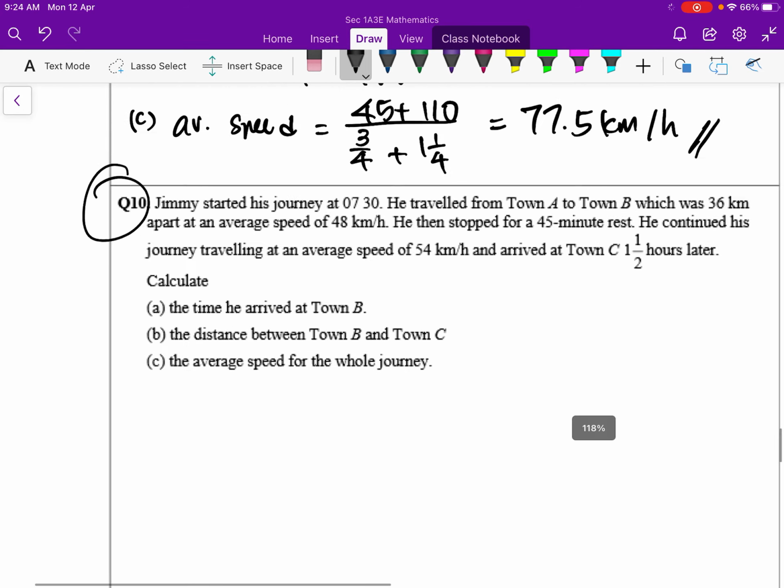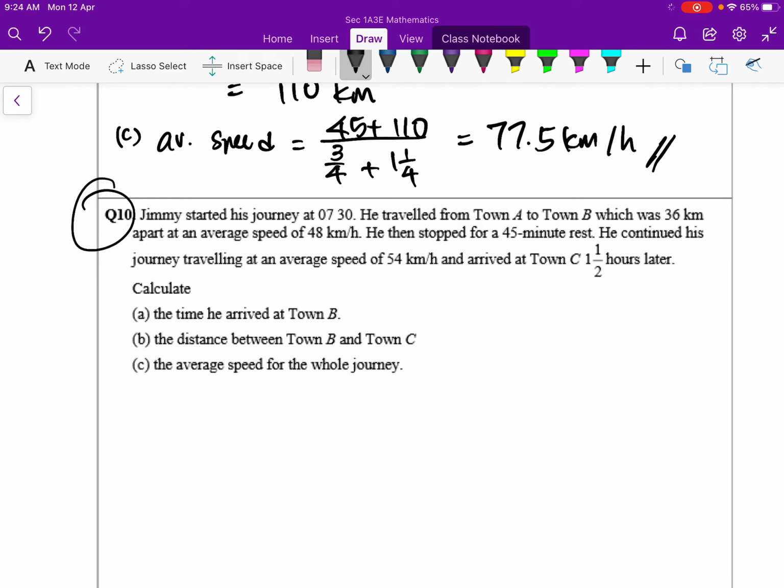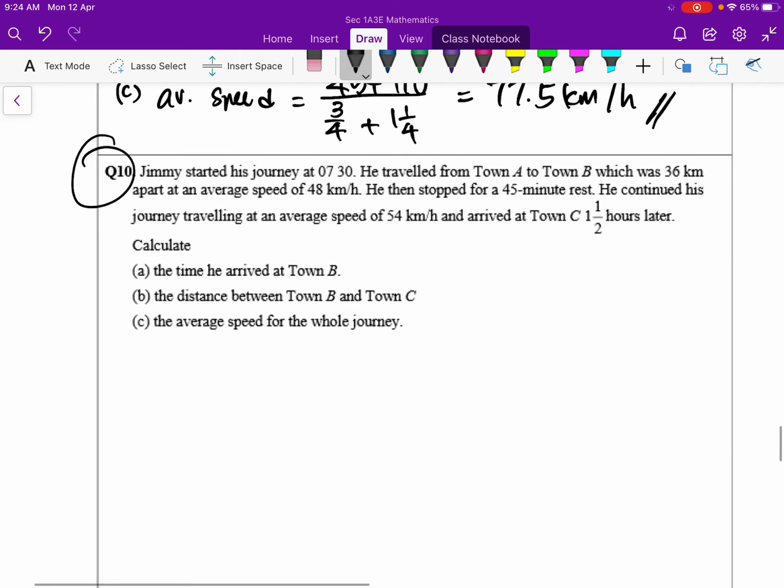Okay, this was done. Now question 10, that was also a homework question. So Jimmy started his journey very early, 7:30. A to B, 36 kilometers at some average speed. Stop for 45 minutes rest. Okay, so I want you to highlight this part. Without even reading the rest of the question, most likely they are going to be testing you on average speed.